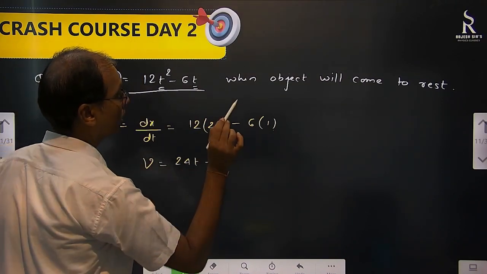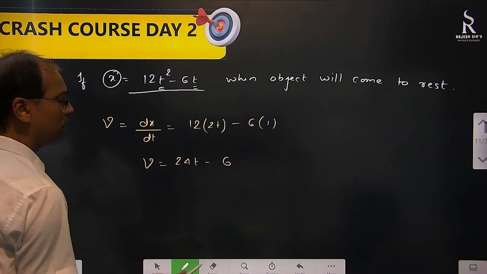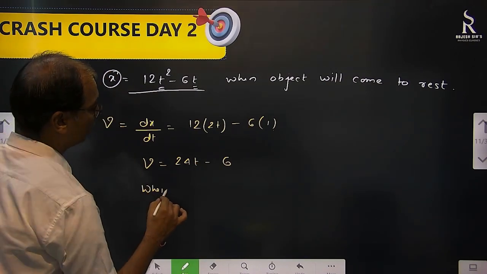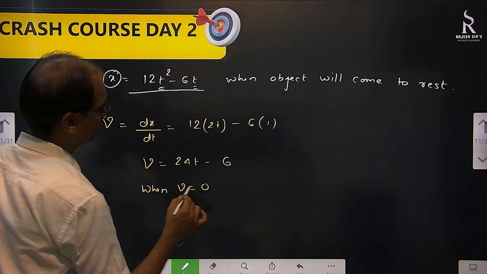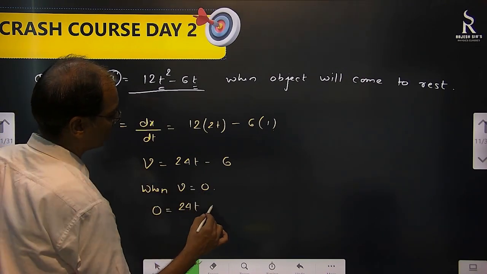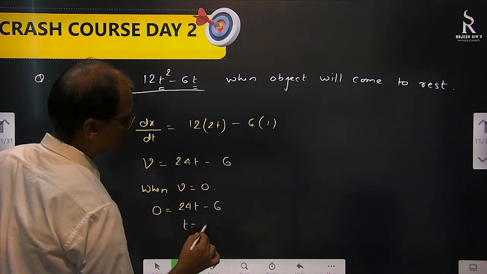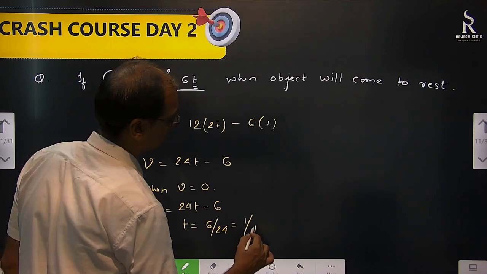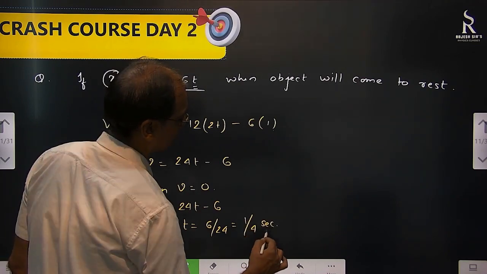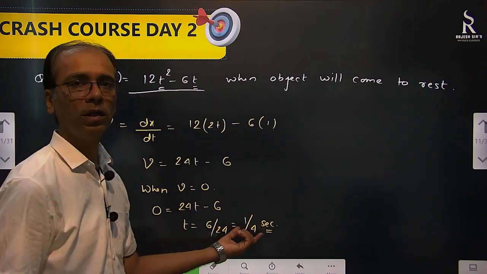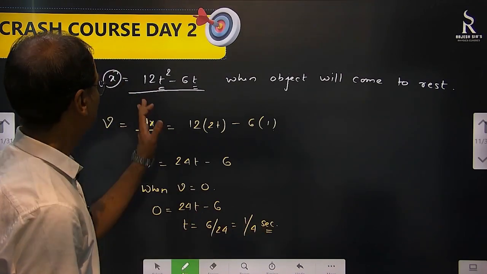Now, the object will come to rest when v is 0. So put v as 0 here: 24t minus 6 equals 0. So t equals 6 by 24, that is 1 by 4 of a second. So the object will come to rest in 1 by 4 seconds. That's what he wants.